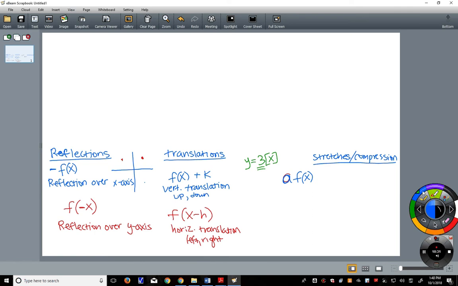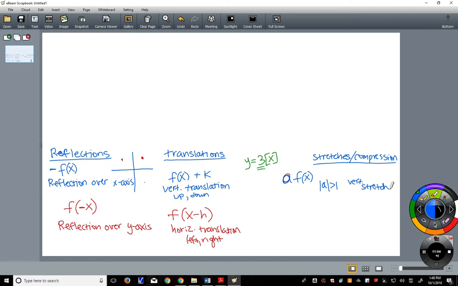It's like someone grabbed the graph on the top and the bottom and literally just pulled it and stretched the graph further and further apart vertically, causing bigger gaps between the steps, causing them to get further away from the x-axis. So when this number was a number bigger than 1, we were seeing a greater distance or a stretch vertically. So when the absolute value of a is bigger than 1, we see a vertical stretch.